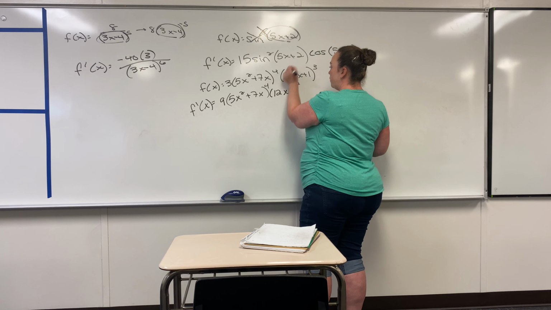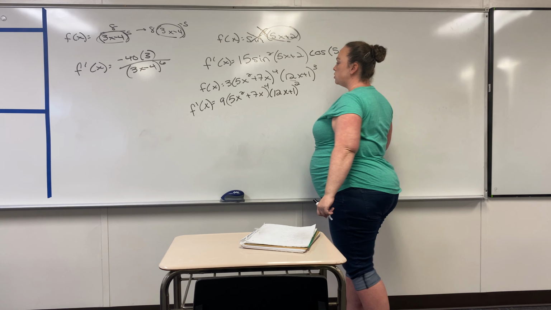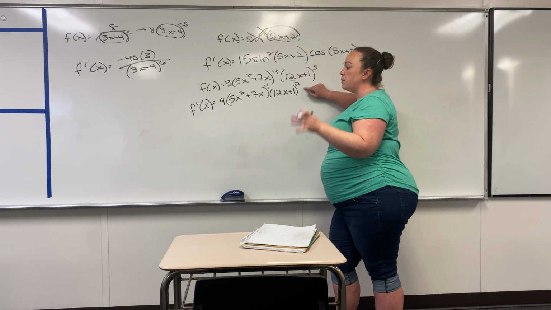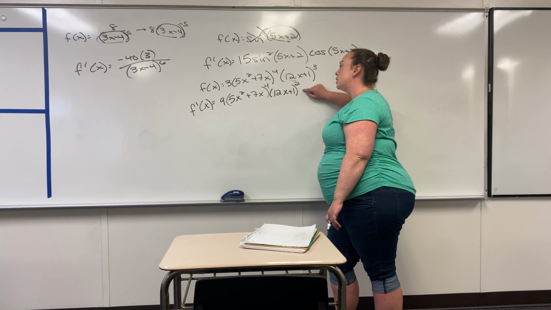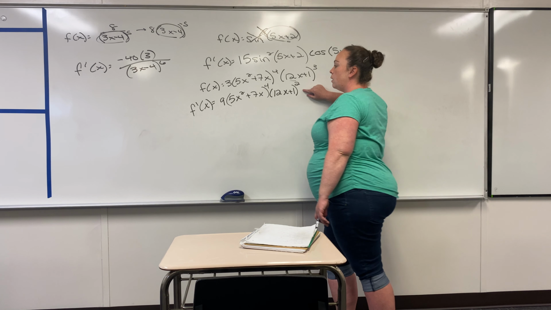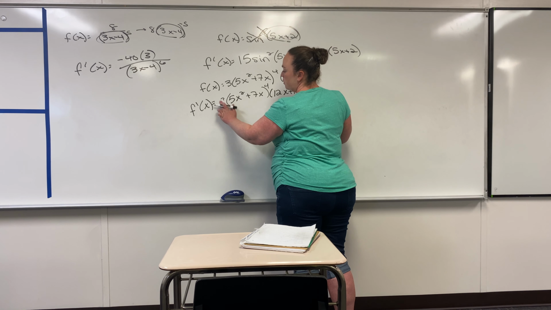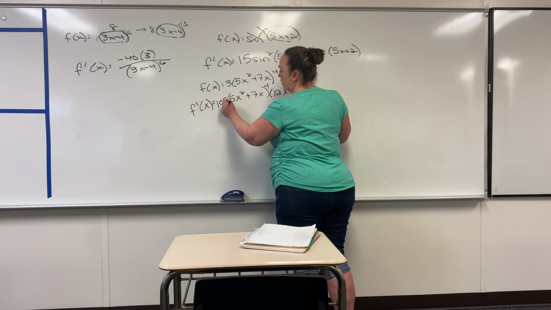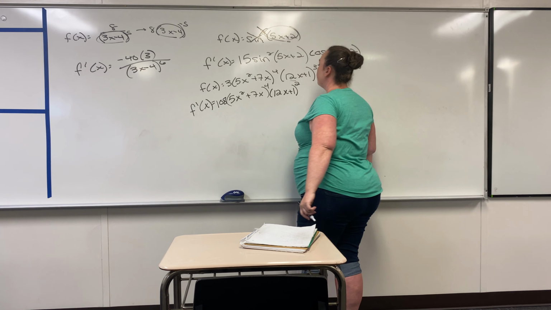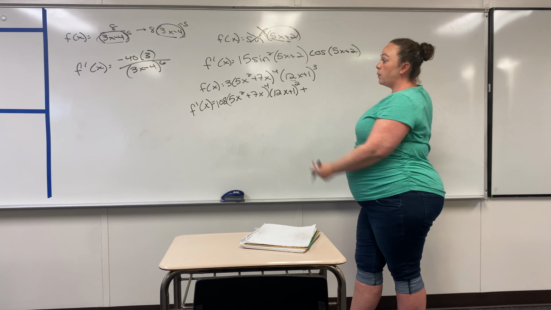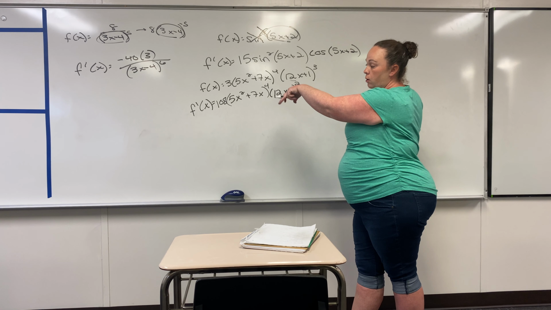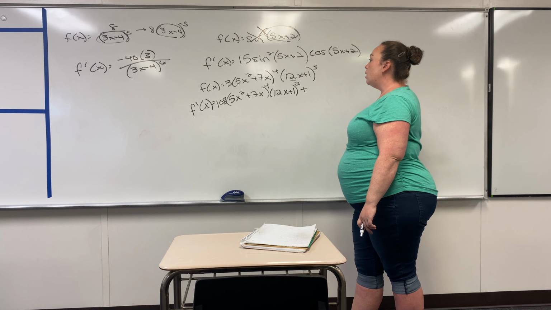Then you take the derivative of 12x plus 1, which is 12, so same thing. Because I'm thinking about it and taking my time as I go, instead of putting a 12 back here, I would combine it with the 9, just make it 108, because 12 times 9. So then you've got plus. That's why we write things in pencil, so we can adjust the coefficients in front if we want to.